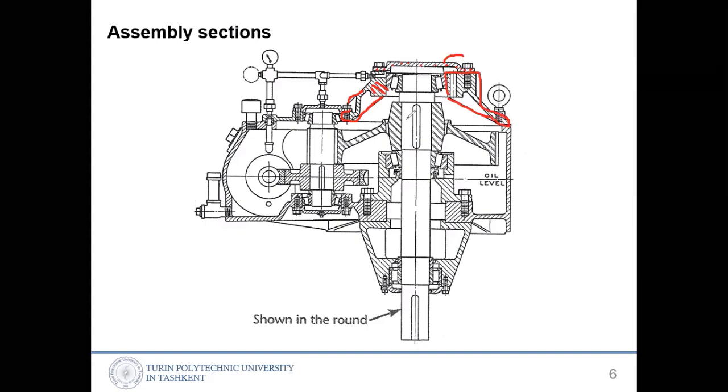Also, if you have different types of hatching, like the density or style of the hatching, it represents a different material type. It might be a harder material, or different types of alloy.